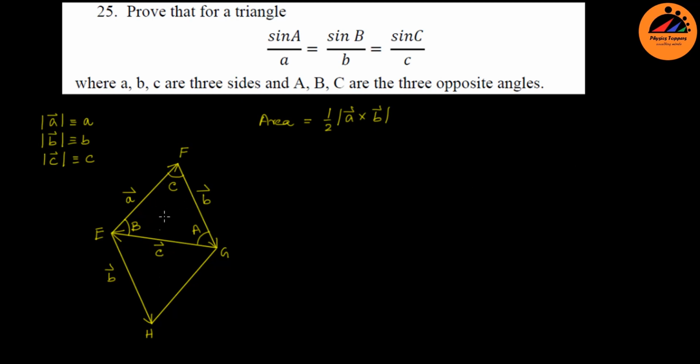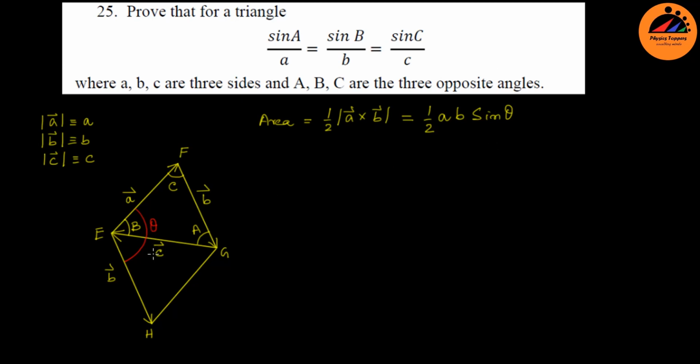Now half the area of the parallelogram is the area of the triangle, because EG is the diagonal. If you expand this, this is half times A times B times sine of the angle between A and B. Let's name the angle theta.